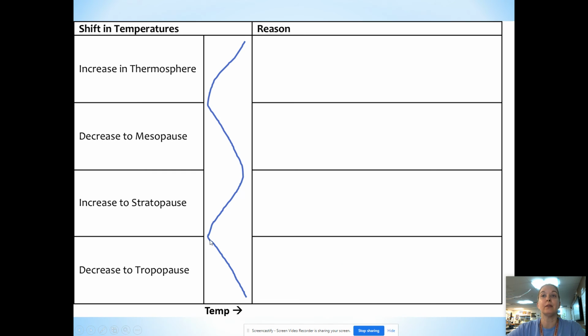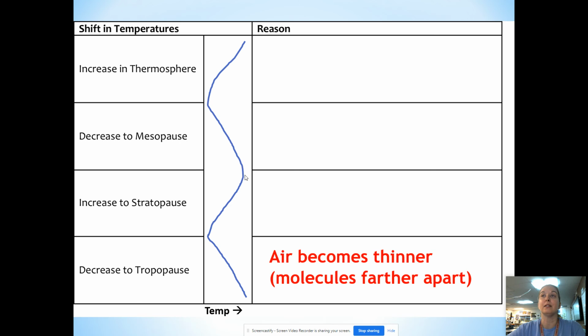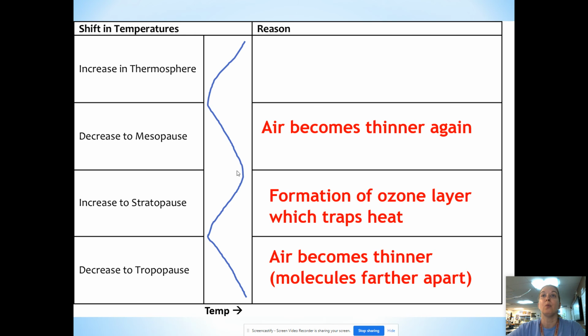But once you hit the stratosphere, this forms the ozone layer, which helps trap heat, and when that happens, it gets warm again. So once you get to the top of the stratosphere, it's warmer because that heat has been trapped. When you hit the mesosphere, after the stratopause, the air becomes thinner again, all the way up.